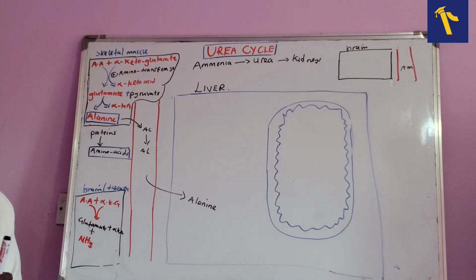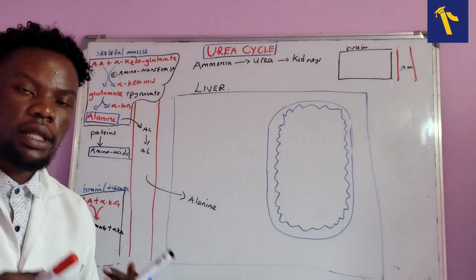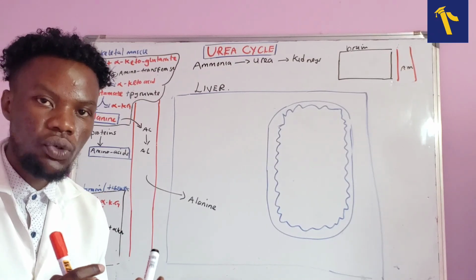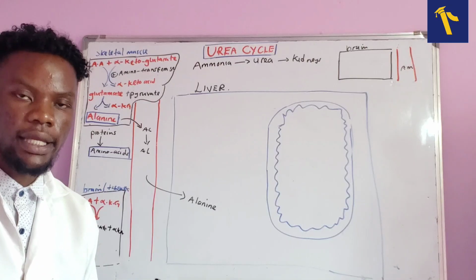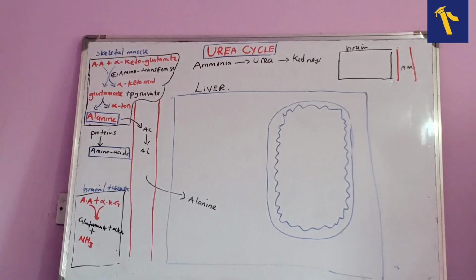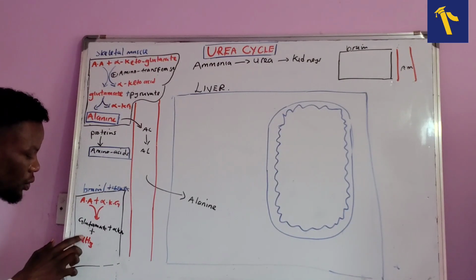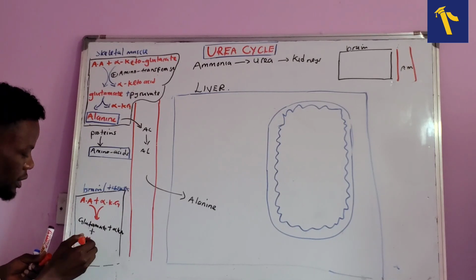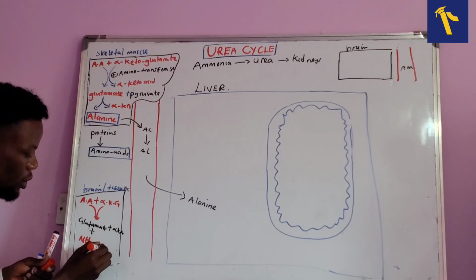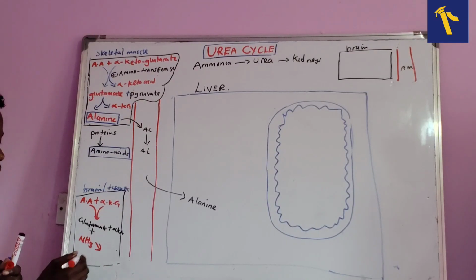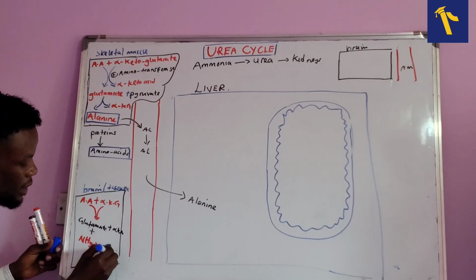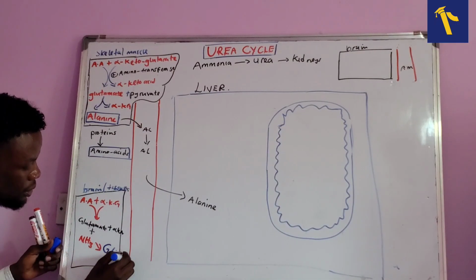We know that the body tissues, if they are working, are catabolizing amino acids or excess amino acids, so they are going to have a certain amount of ammonia inside. That ammonia will be combined with glutamate to produce something important. What is that something? Glutamine. We're going to use blue for this one. Glutamine.